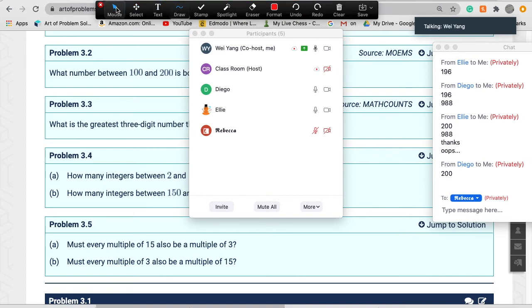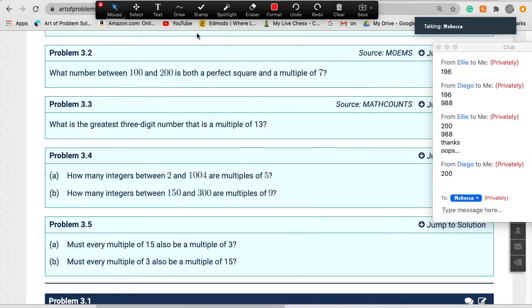Now let's see, which one are we doing? We are doing 3.4a. How many integers between 2 and 1004 are multiples of 5?